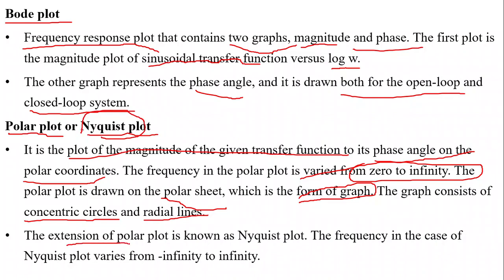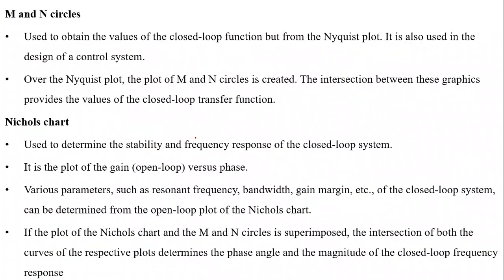The extension of the polar plot is known as the Nyquist plot. In the Nyquist plot, the frequency varies from minus infinity to plus infinity, but in the polar plot the frequency range is 0 to infinity. So these are the short descriptions of our polar plot.